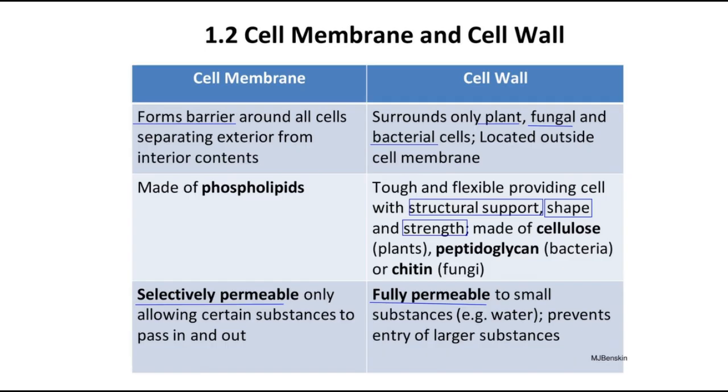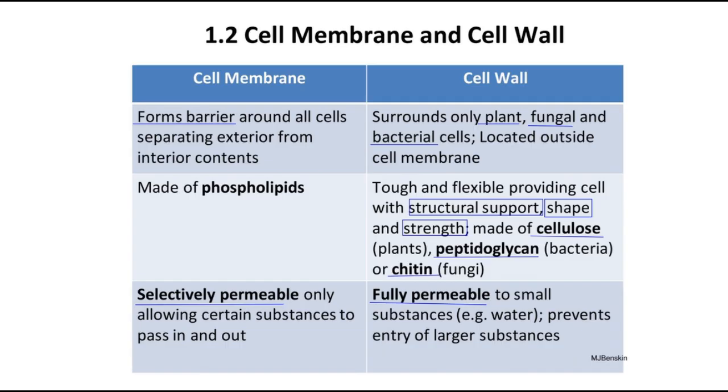So tough and flexible, providing that structural support, maintaining shape, strength. So we see the materials found in each of the different types of cells. So cellulose, cell wall in plants, peptidoglycan, cell wall in bacteria, and then the chitin cell wall in fungi.